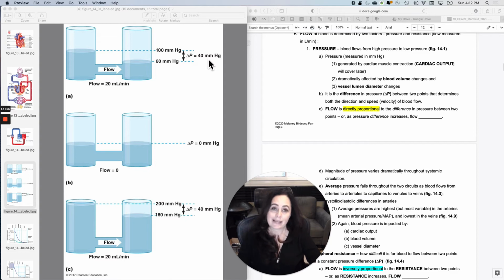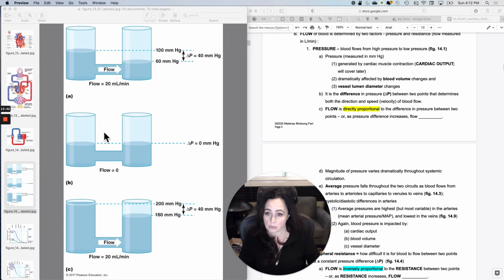That will let us know which direction the fluid is going to flow. It flows from high pressure to low pressure, right? And if you factored in resistance, it would tell you the velocity, which would end up being flow equals delta P over R. And if R was arbitrarily set at 2, this would give you 20 mils per minute. So just hold on to that for a second.